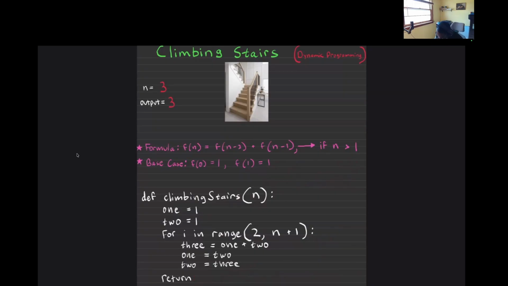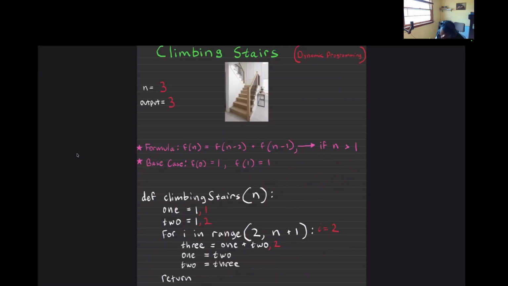So I starts off equal to 2. Then we say three is equal to one plus two, so 1 plus 1 gives us 2. One is equal to two now, so one will still have this value of 1. Two is now going to be updated to the value of 2.